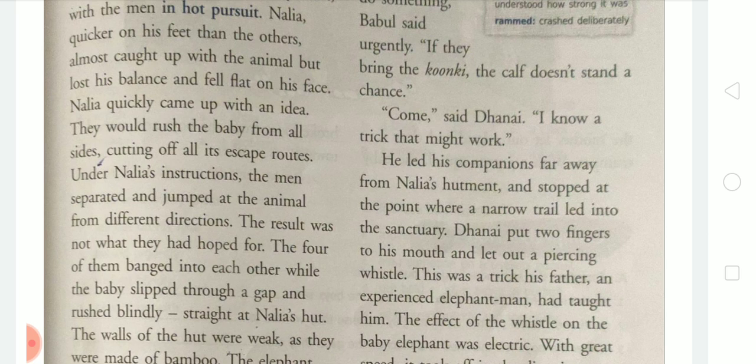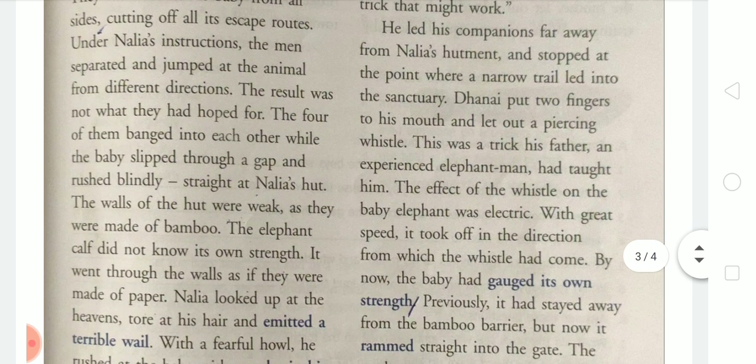The four of them banged into each other while the baby slipped through a gap and rushed blindly straight at Nalia's hut. The walls of the hut were weak as they were made of bamboo. The elephant calf did not know its own strength. It went through the walls as if they were made of paper.